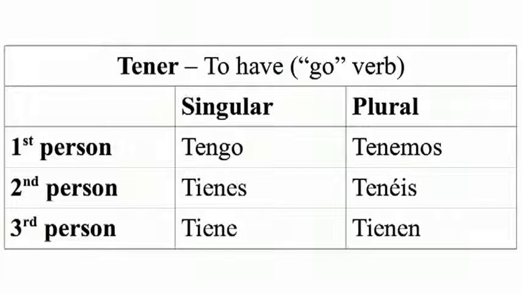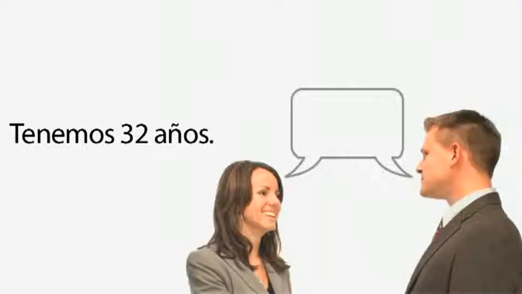Tiene 50 años. Now, nosotros form. What is the regular ER ending for nosotros or nosotras? EMOS. Tenemos. Tenemos 32 años. We are 32 years old.